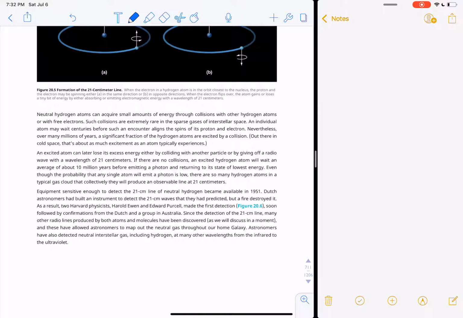If you excite some hydrogen, it will wait an average of 10 million years before emitting a photon. That's on average, but there are so many hydrogen atoms out there that you get enough to generate this line of 21 centimeters.